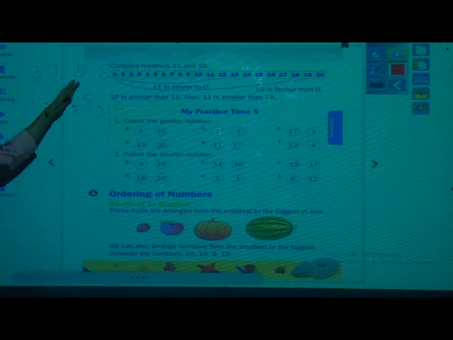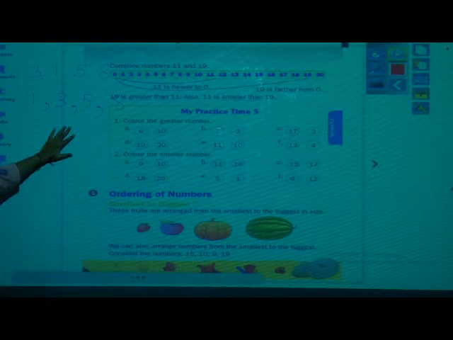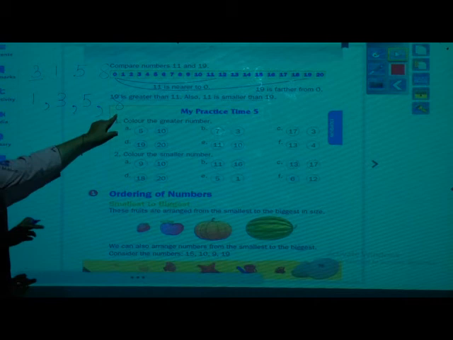Okay, the numbers were jumbled. What we have done? We have arranged them in correct sequence. Understood? See, 1, 3, 5, 8.